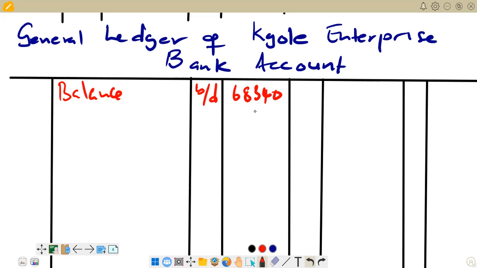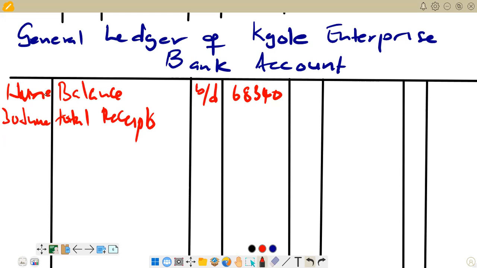And then simply we are just taking the totals that we found in the payment journal and the receipts journal. So here we've got total receipts. On the date part, this was at the beginning, so it's 1 January, and this one was at the end, so 30 June.